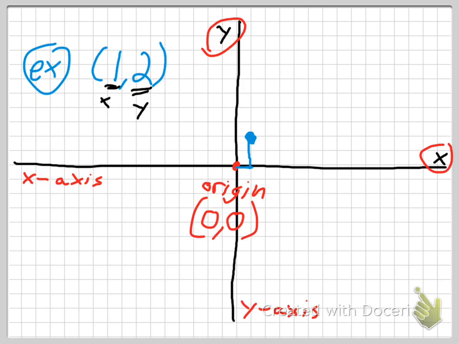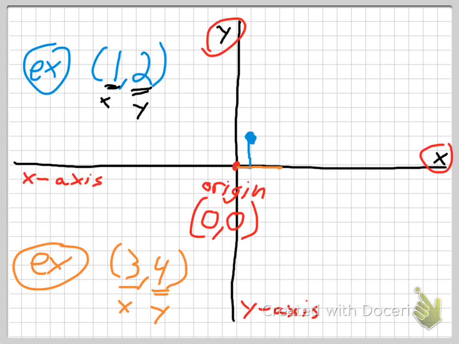Okay, if I was to do another example, let's do it in orange. Let's say I have the ordered pair (3, 4). (3, 4) tells me on my x-axis here, I need to move 3. 1, 2, 3.